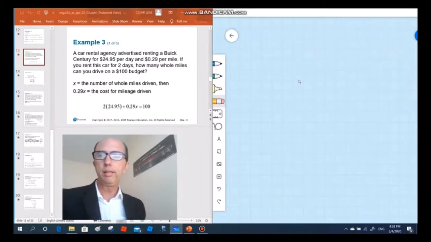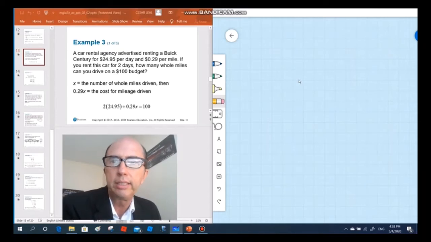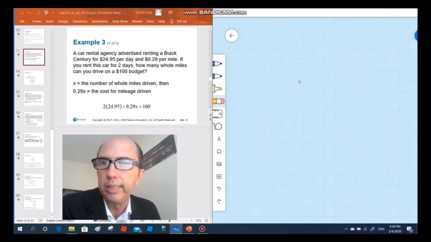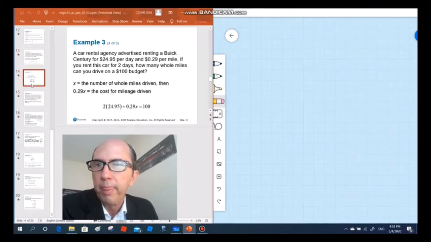Now let's work on this other example, example 3. A car rental agency advertised renting a Buick Century for $24.95 per day and 29 cents per mile. If you rent this car for 2 days, how many whole miles can you drive on a $100 budget? Well, first understand the problem.